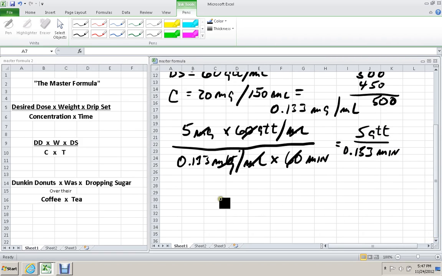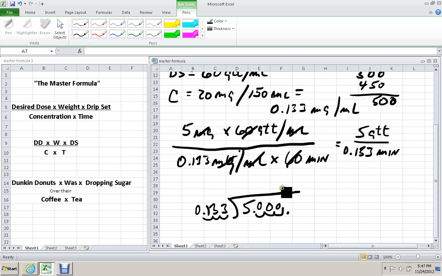We want to divide the 0.133 into the 5. When you have a decimal point over here, let's see, we move it once, twice, and 3 times. So you're going to move this once, twice, 3 times.